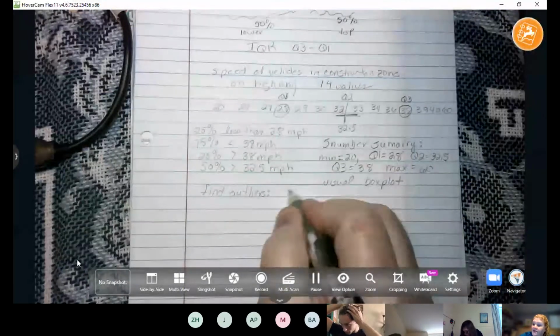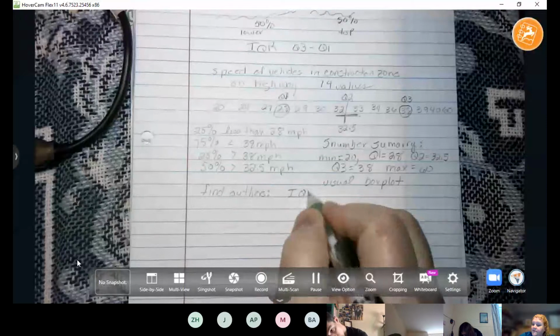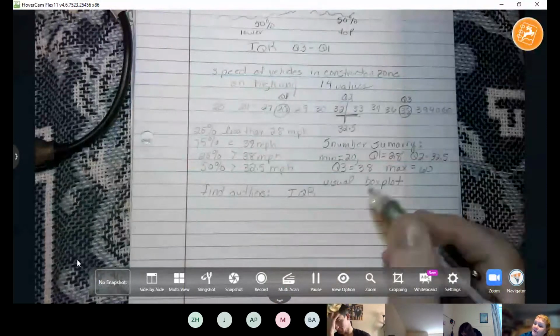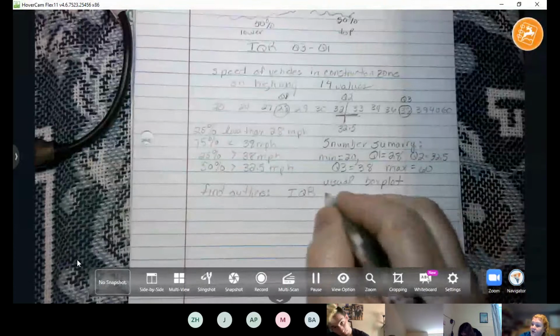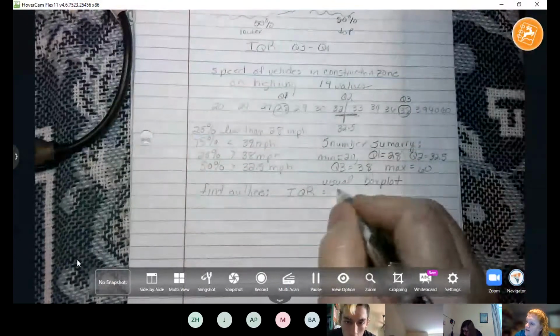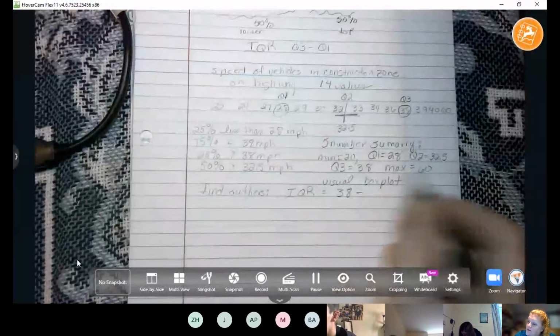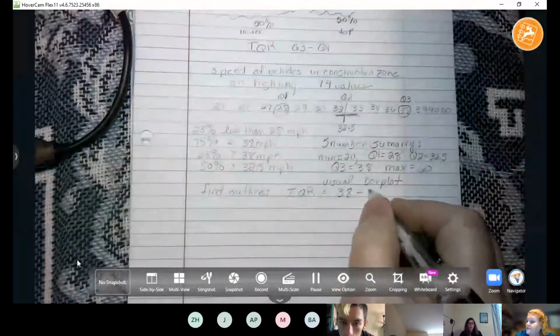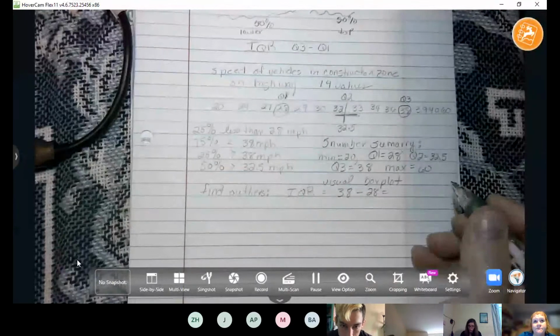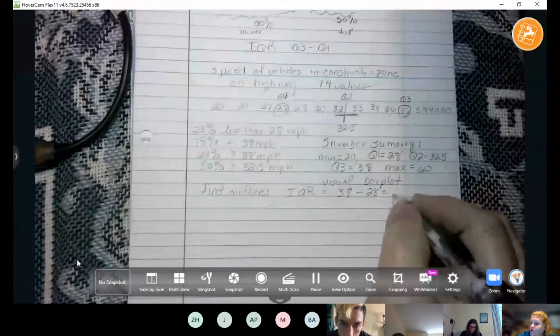So how do you find your IQR? You use your 3rd quartile minus your 1st quartile. So in this case, we would use 38 minus 28. And what is the IQR? For this set of data, the IQR is 10.